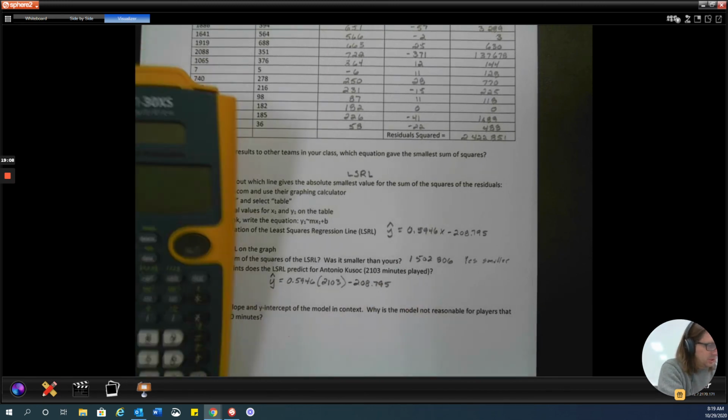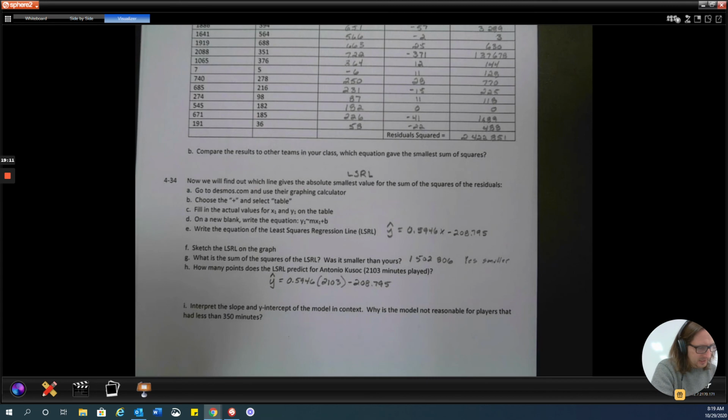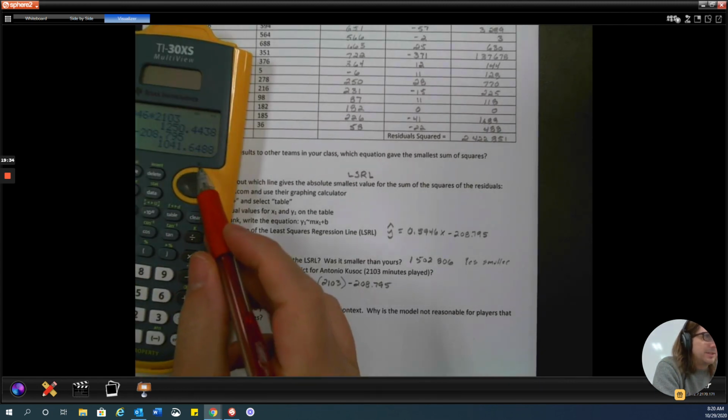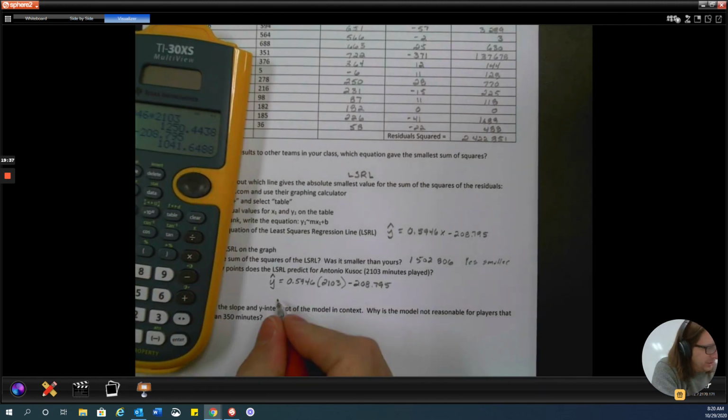If I plug it into my calculator, I do 0.5946 times 2,103 equals, I get 1,250 point blah, blah, blah. And then I'm going to subtract 208.795. So here I get 1,041.6488. Since this is talking about points, I'm going to round to the nearest point. So that'd be 1,042.